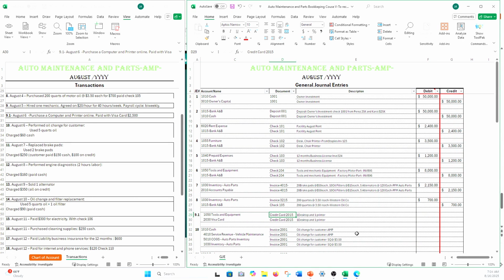So we pay with credit card. I just put the credit card number, 2015, like a document, one desktop and one printer. And we say that we pay $2,500 for those items. So for that equipment, $2,500, and here we have $2,500.